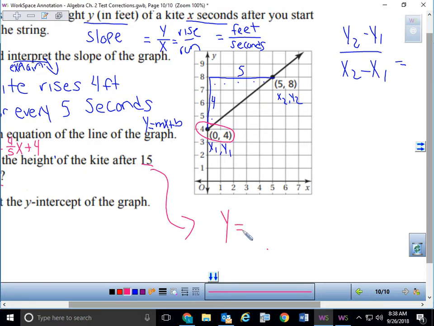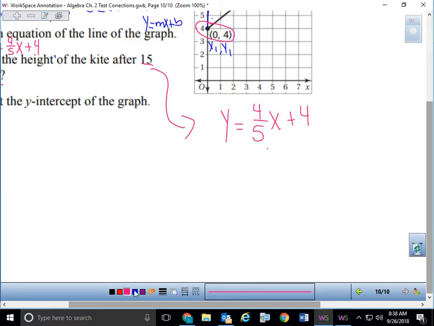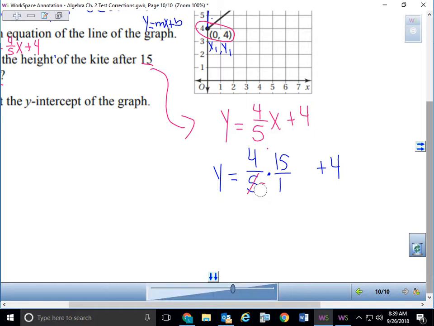We have y equals 4/5 x plus 4. Well, if 15 is my seconds, that means I'm plugging in 15 for x. I have y equals 4/5 times 15 plus 4. But if I have fractions, I like to make everything a fraction. So I'm going to put 15 over 1. Now you can either multiply tops and multiply bottoms or cross simplify, which is my favorite. 5 and 15 can both be divided by 5.